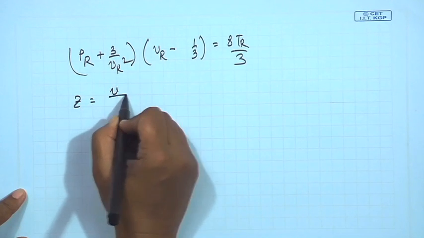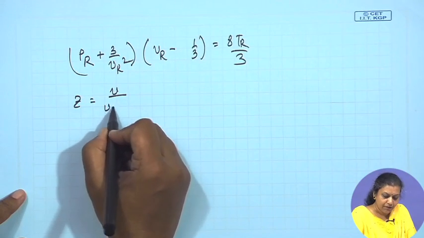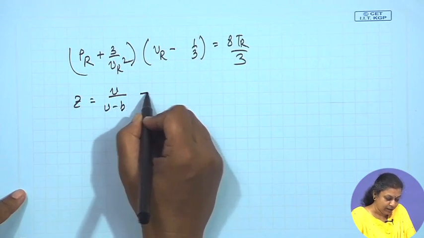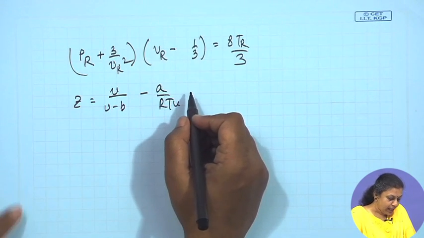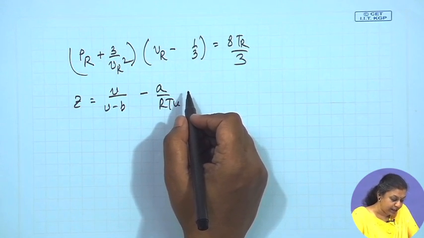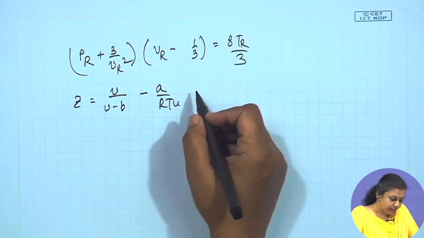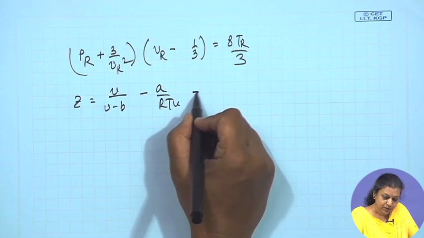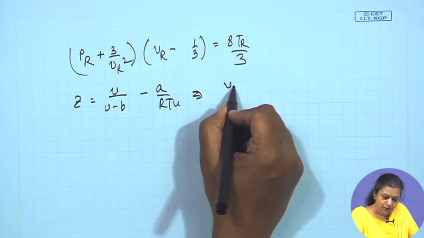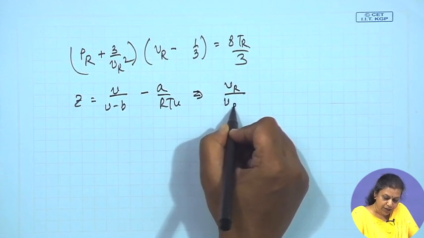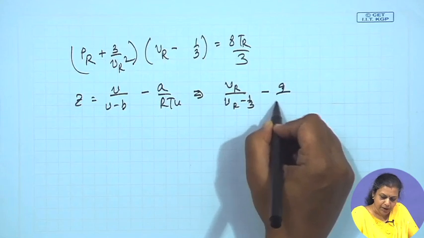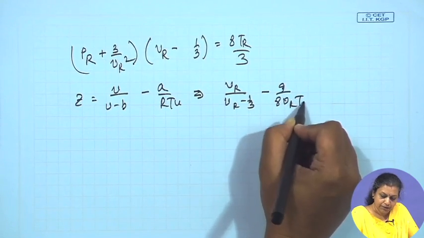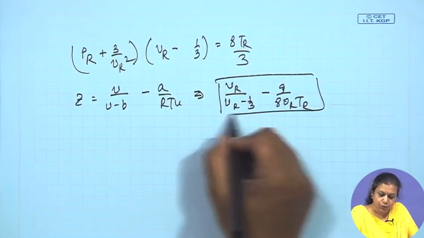From here, if we calculate Z, what is Z equal to? Again starting from the basic van der Waals equation, Z can be expressed in this particular form, and if we substitute A and B, the final form we get is VR by VR minus 1/3, minus 9 by 8 VR TR. So what do we find?